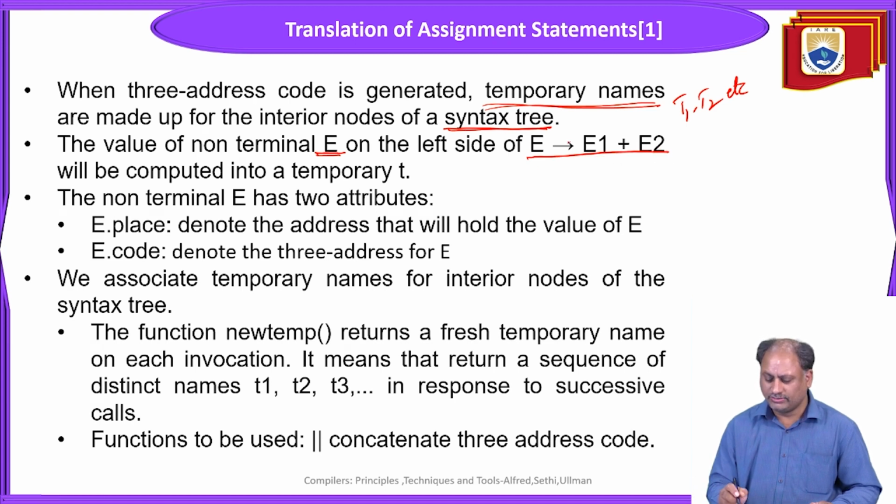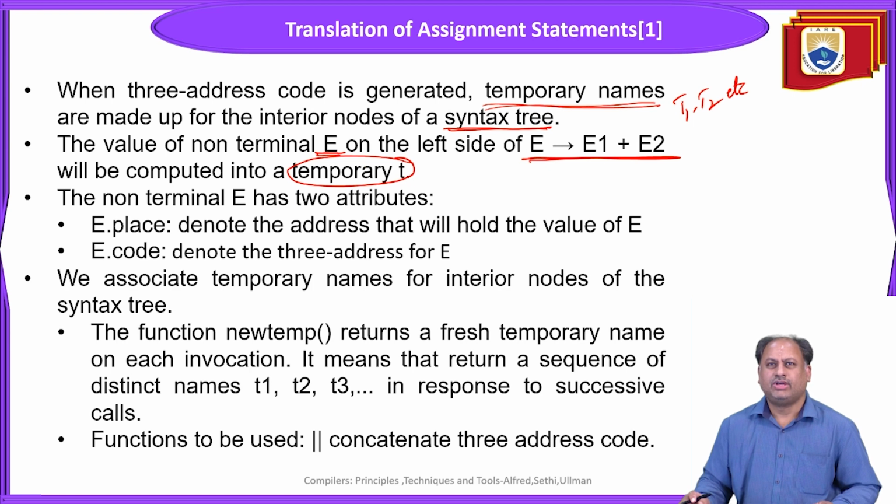In this E derives E1 plus E2, we compute the value in a temporary, say T. We compute by applying a temporary T, and then that is assigned to the left hand side, if it contains more than one.